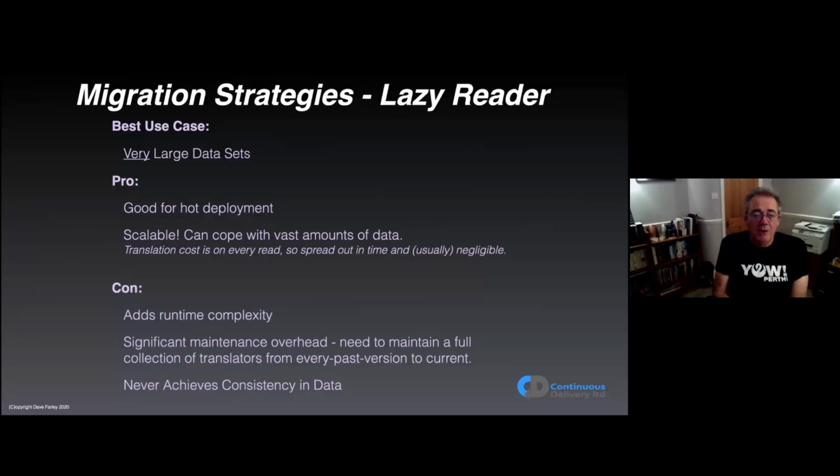This is good for hot deployment, because if you change the version of the schema that your application writes out, you deploy that and update all of the other readers to do the translation into your current model, and whatever you deploy is self-consistent, whatever the nature of the data. It's scalable. It can cope with vast amounts of data. The translation cost is on every read, so it's spread out over time, and therefore is in effect free. The downside is that it adds runtime complexity.